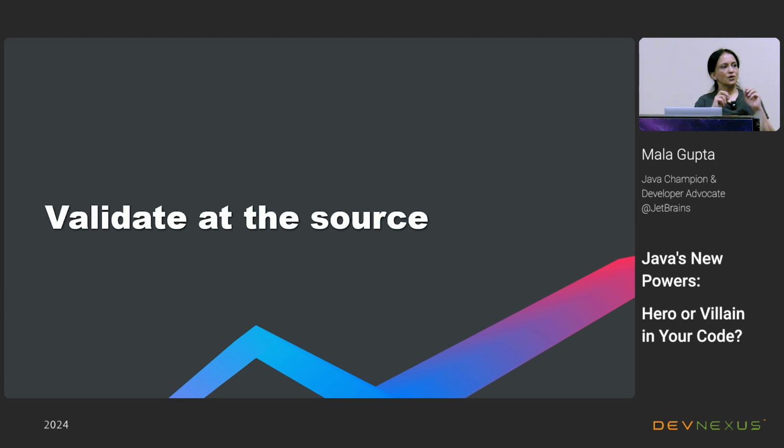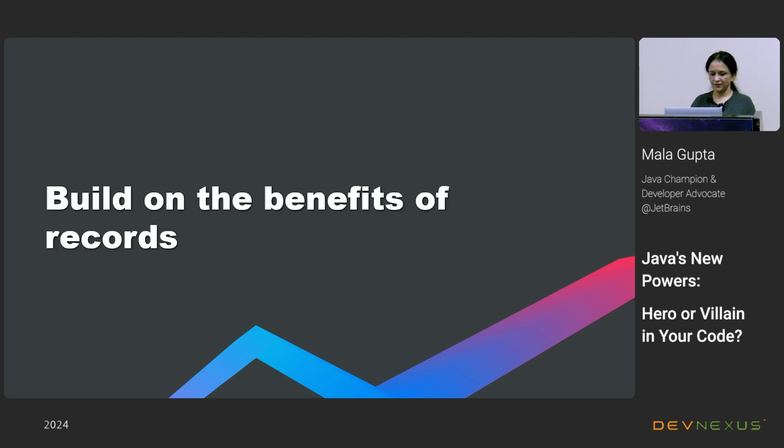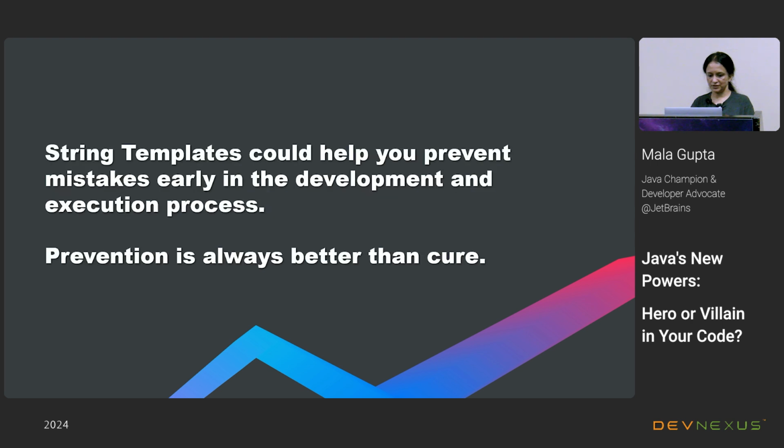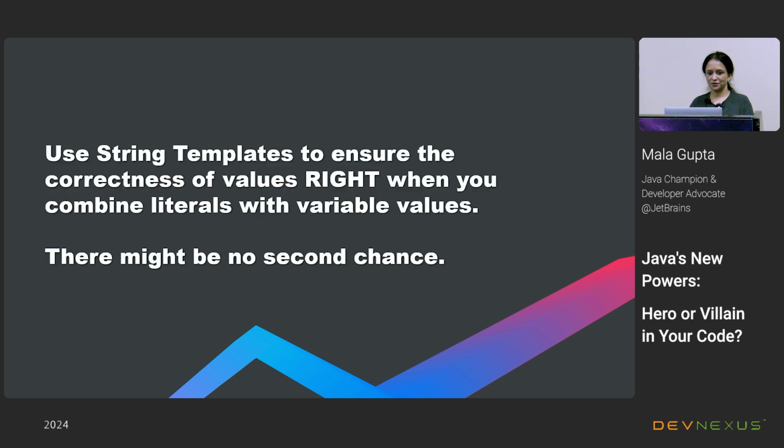With records, modeling of that data becomes easy, and if we incorporate string templates with them, that would make it even easier, because we are validating the data at the source, at the time of the concatenation. I just mentioned this, and prevention is always better than cure.